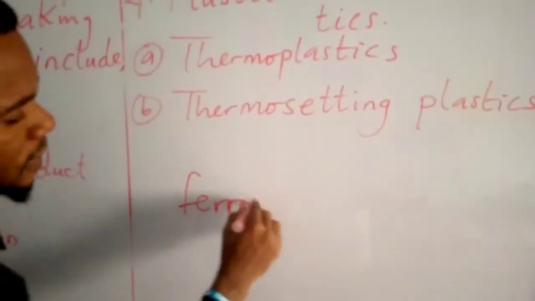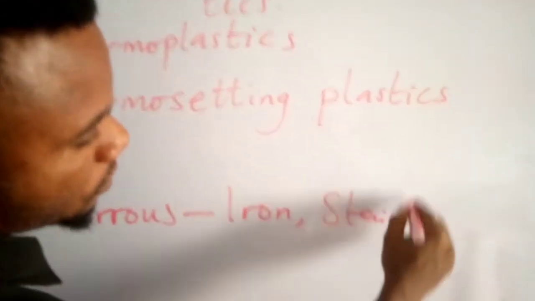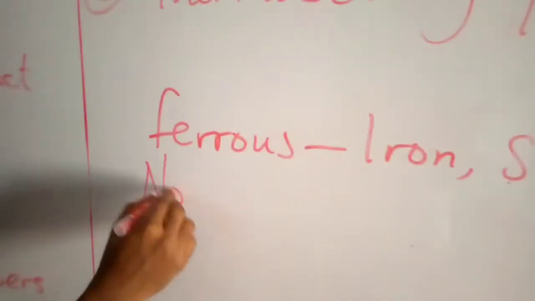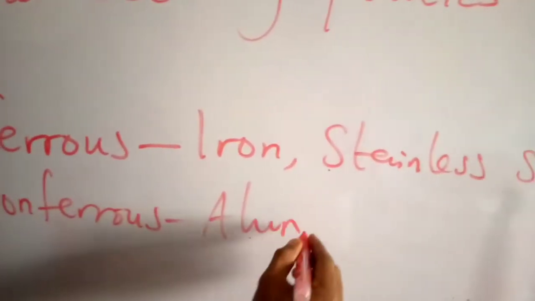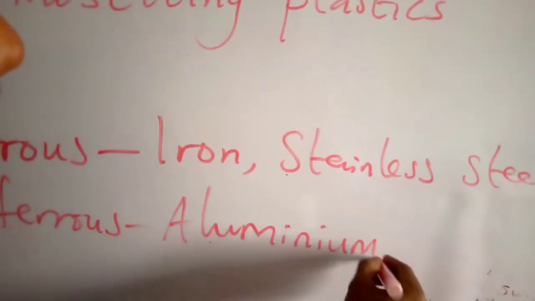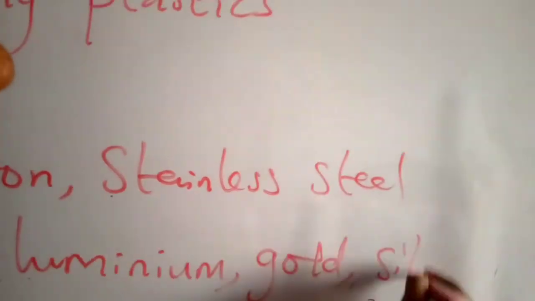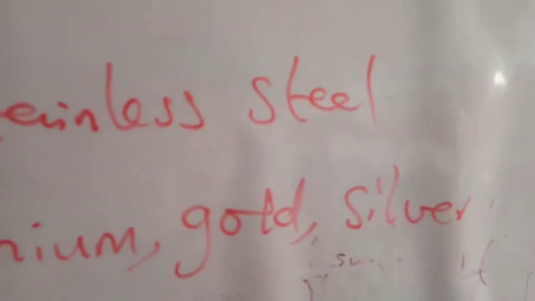Ferrous, we said, is iron and stainless steel, and non-ferrous are aluminium, your precious stones, gold, silver. So we can find non-ferrous in these materials, and ferrous metal in iron and stainless steel.